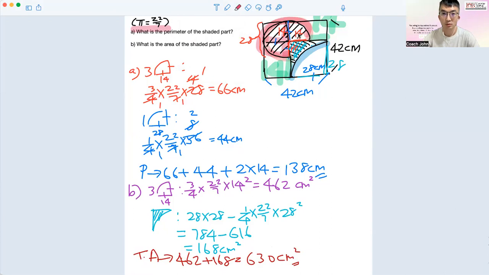Since you can see from a glance, it's actually made out of 3 quadrants. So find the 3 quadrants first, which is the same step for both A and B. And then you find the smaller one, and then you add them together. And then for parameter, it's very important to make sure that you don't miss out all these straight lines.